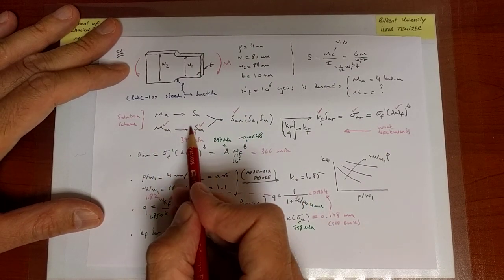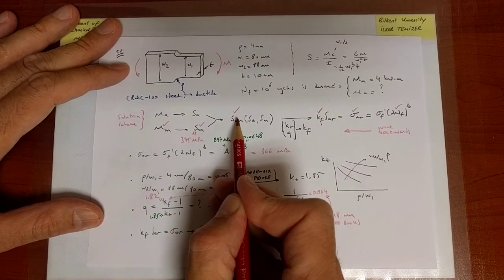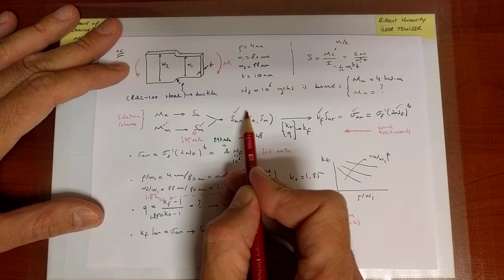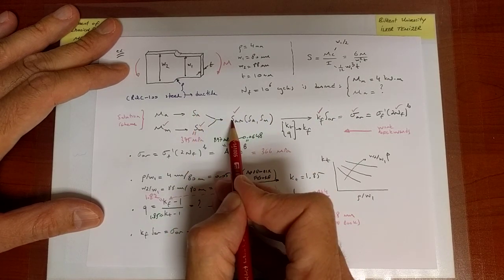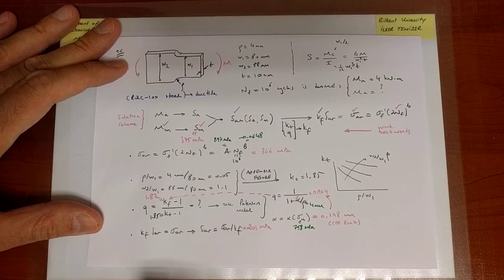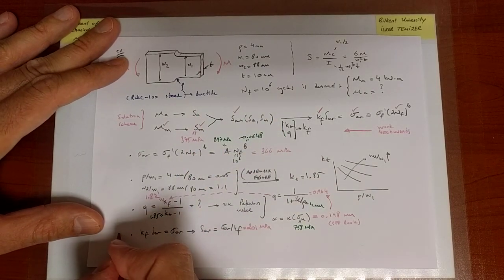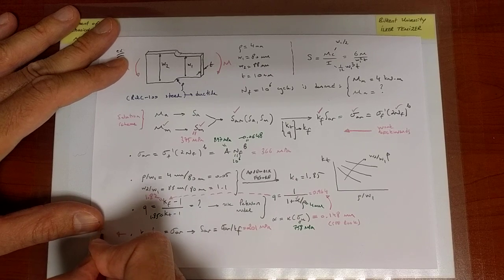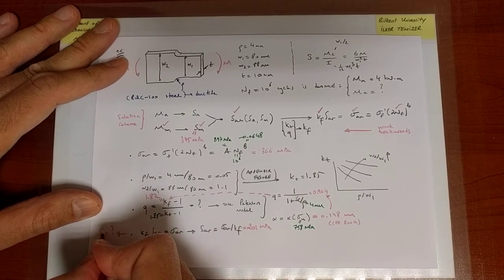So now SM is given and SAR is known, and if I have a function that relates SA and SM to SAR, there is only one unknown, SA, and I can solve for it. So the question is now, at this stage, what is SA?